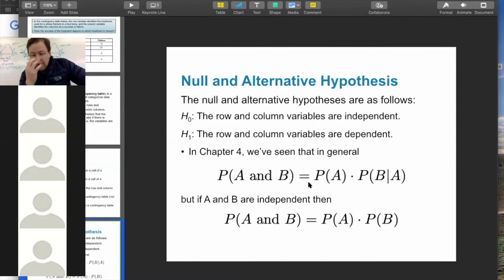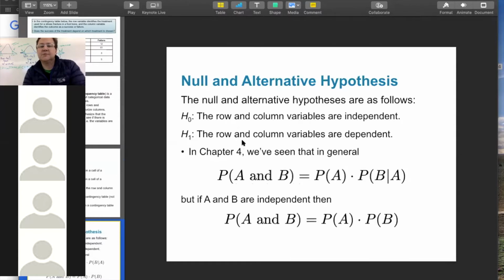So just like with all of our other hypothesis tests, we have a null and alternative hypothesis. The good news for this homework assignment is that this step is going to be easy. Previously, sometimes it's greater than, sometimes it's less than. In this chapter, the null hypothesis is always going to be this sentence: the row and column variables are independent.